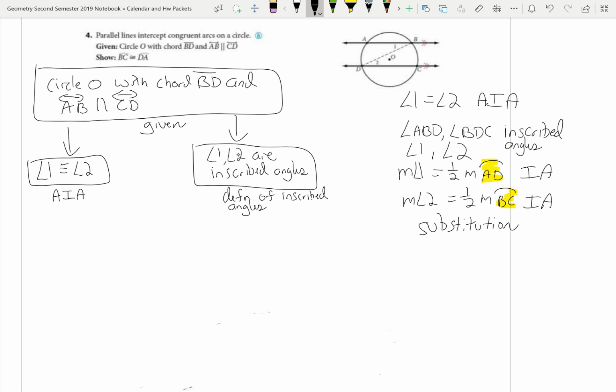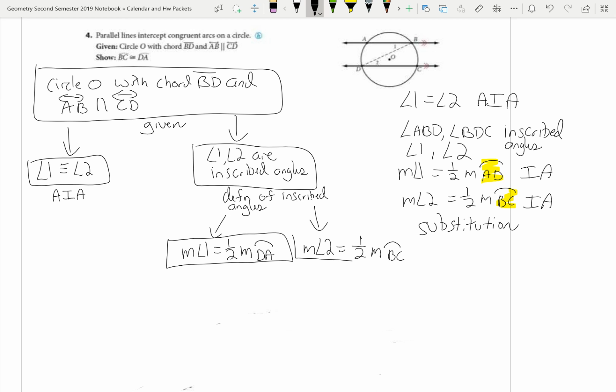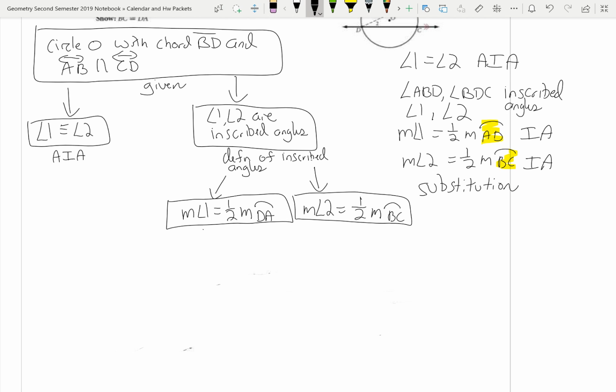This is going to lead to 2 things. First of all, the measure of angle 1 equals 1/2 the measure of arc DA, and also the measure of angle 2 equals 1/2 the measure of arc BC. Okay, and that is because of the inscribed angles conjecture. There you go.